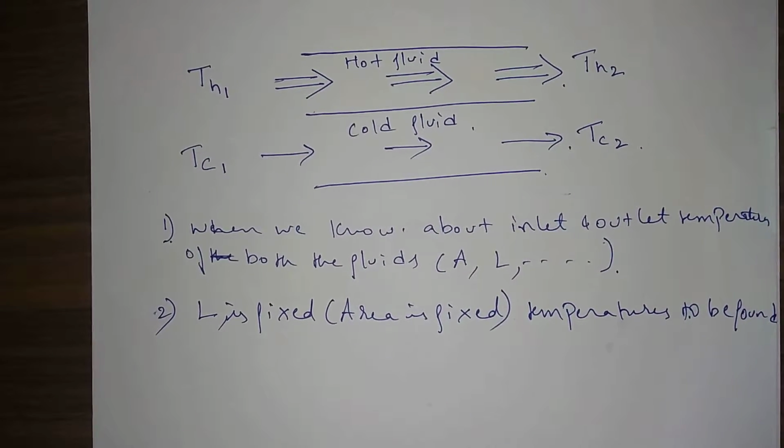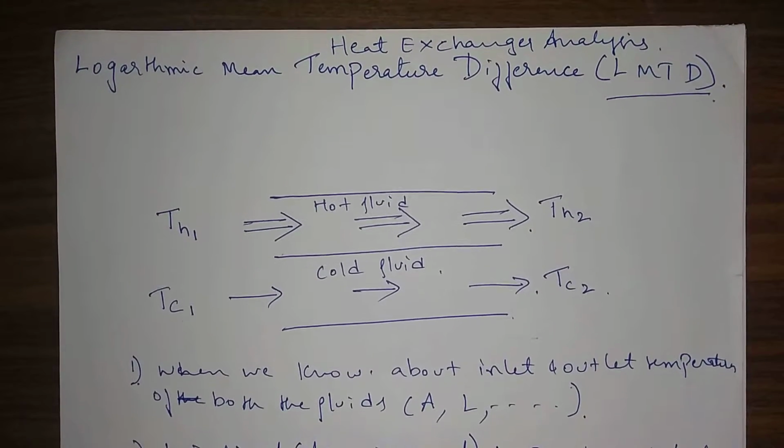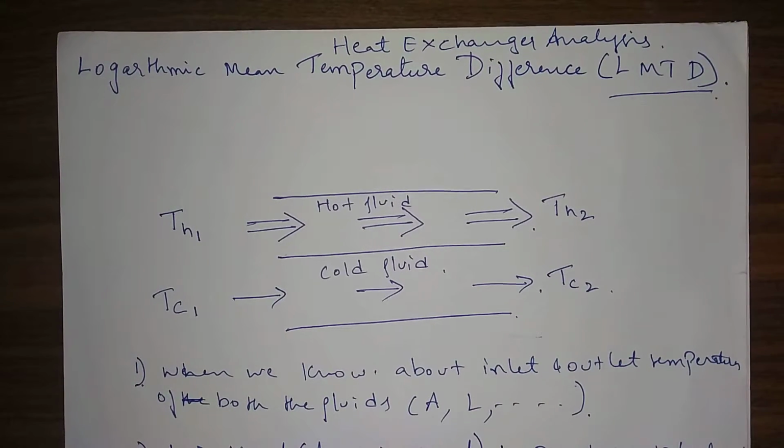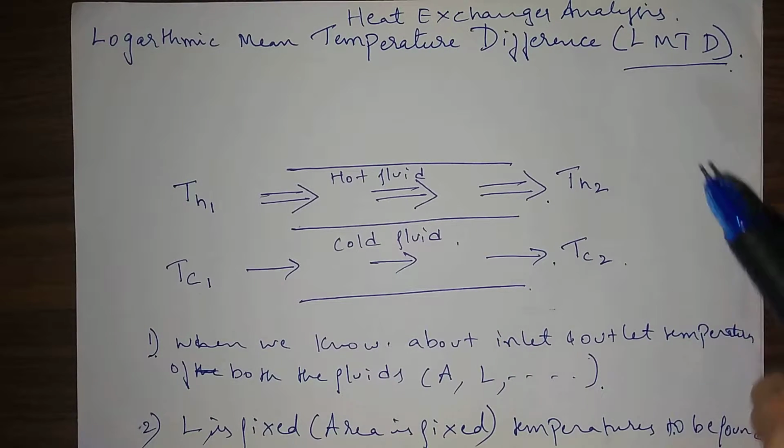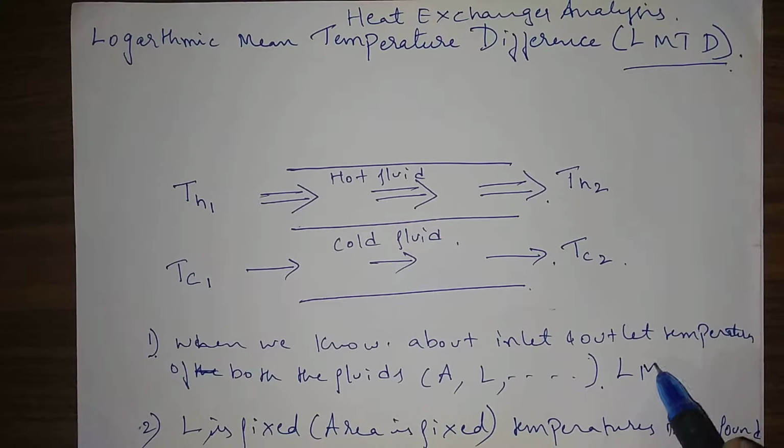So now this is where the thing called LMTD arises. That is, when you know all the 4 temperatures, then we will go for LMTD analysis, that is the logarithmic mean temperature difference method.